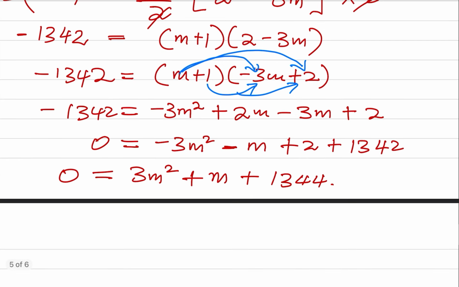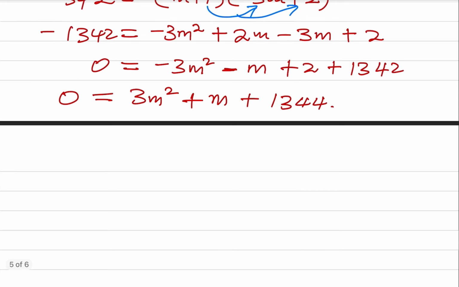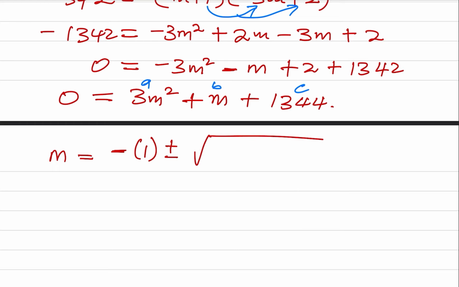1344 there. Let us use our quadratic formula there. So using our quadratic formula, I'm going to have m equivalent to negative. Let's say this is A, B, then that's your C. So negative, what is B? Our B is just 1, plus or minus the square root of the discriminant.